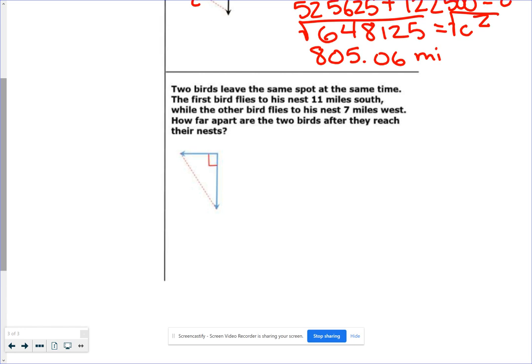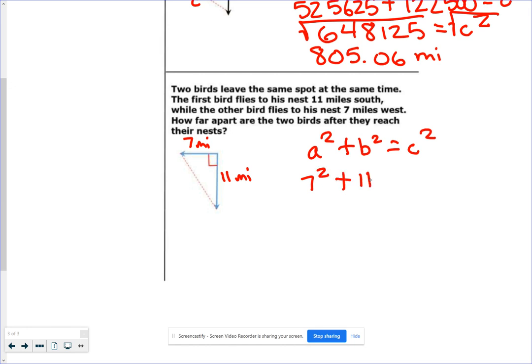Two birds leave the same spot, so same idea here. The first bird flies to its nest 11 miles south, so I'm going to do 11 miles here because that's south, down. And the other one flies 7 miles west. How far apart are they? All right, so we should use a squared plus b squared equals c squared. I'm going to pick the top one to be my a just because it looks like it's the first one.